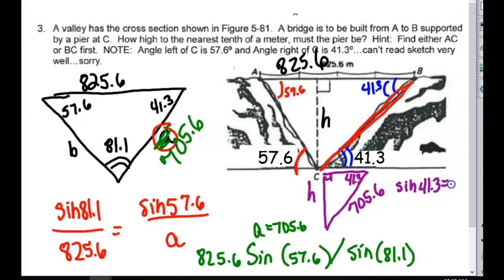Equals, opposite over hypotenuse would be h over 705.6. Totally crammed in there. So 705.6 times the sine of 41.3. 465.7 or 466 or something.